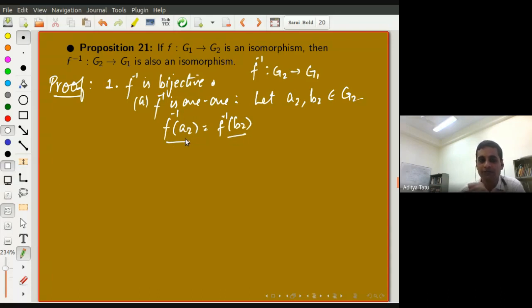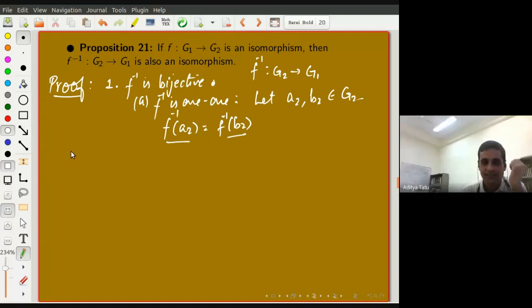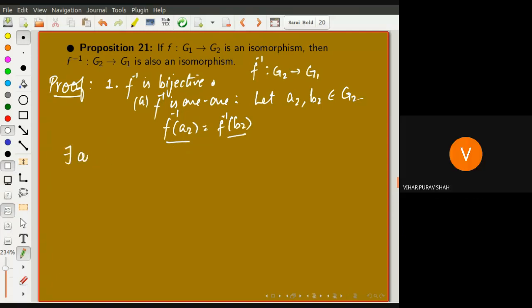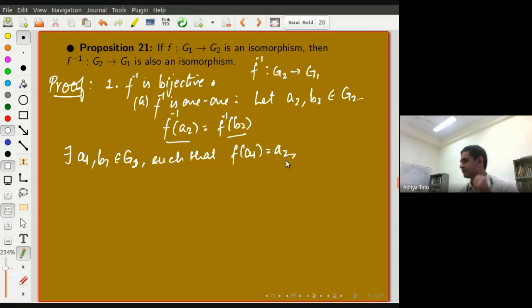So the way I would have done it, we can write A2 as f of A1 for some A1 belonging to G1, and B1 in group 1 such that F of A1 is A2 and F of B1 is B2, right? This comes from F being bijective, isn't it?